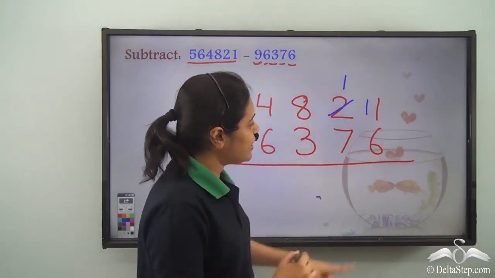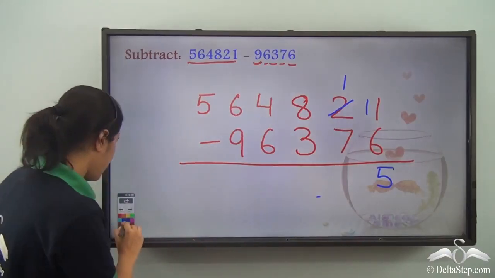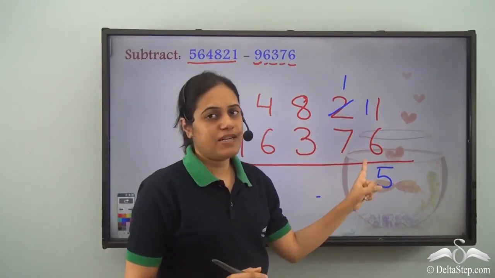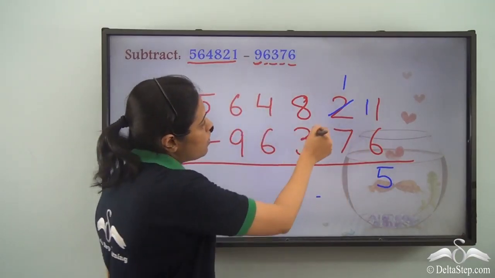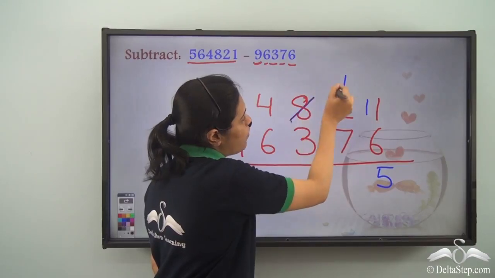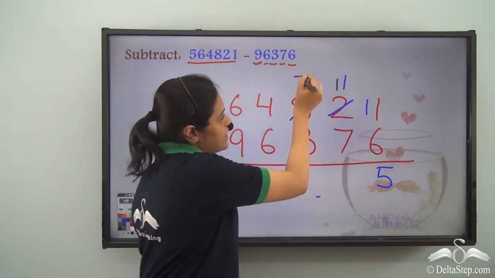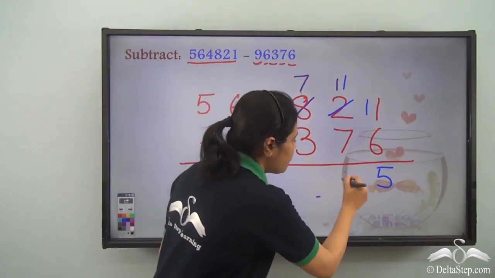So 11 minus 6 is 5. Now 1 minus 7. Once again, I cannot subtract 7 from 1. So this one will borrow 1 from 8 and become 11, and this 8 will become 7. Now 11 minus 7 is 4.